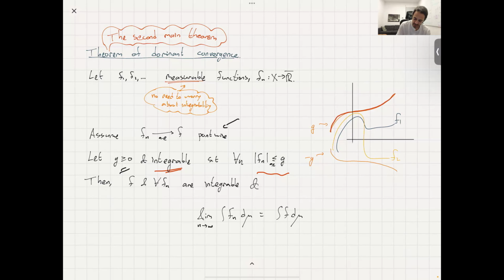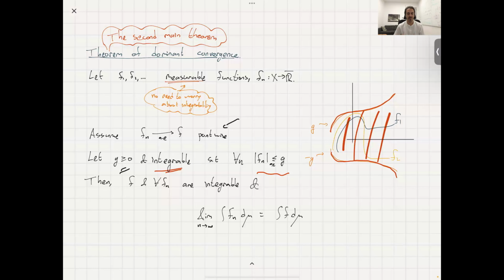If you look at g and reflect it to look at minus g, then all the functions sit almost everywhere within this part of the plane. So assuming only that, you know that first of all, f and each of the fn's are integrable, not just measurable.